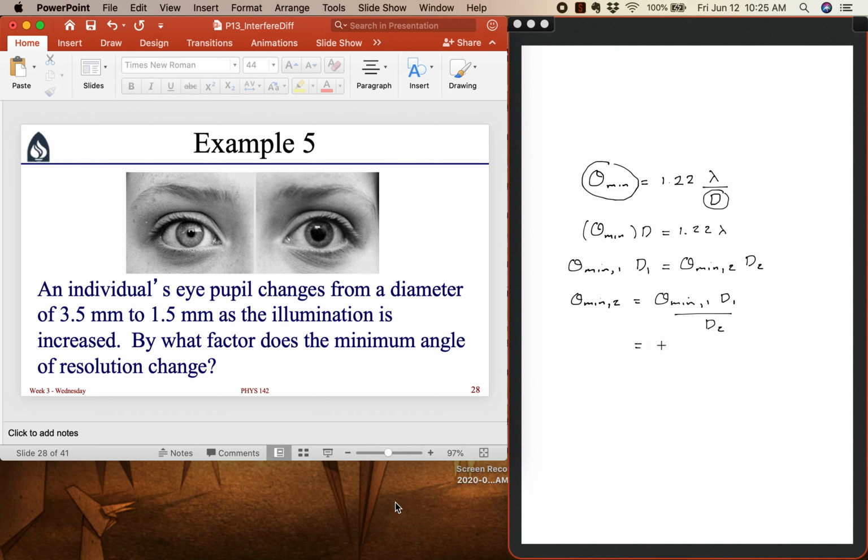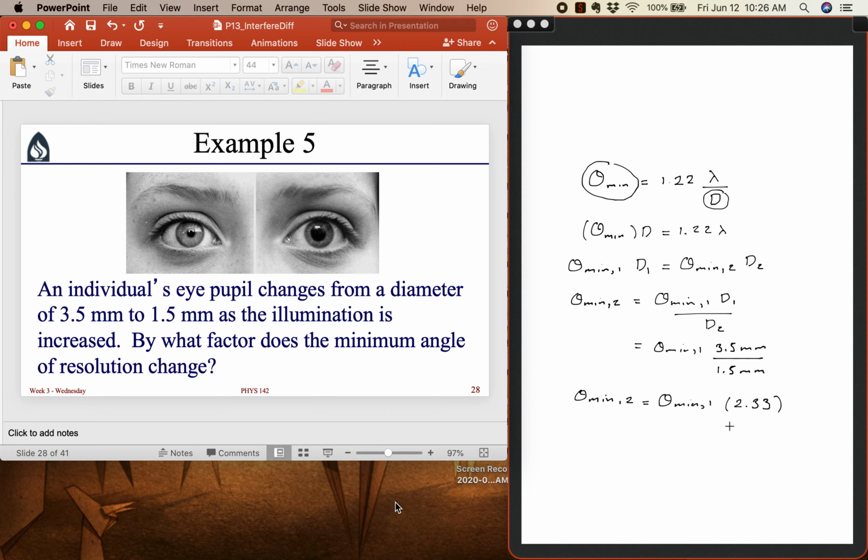So then putting in some numbers, we have theta min 1, and then d1 is our initial diameter, which was 3.5 millimeters, and we want to divide that by the final diameter, which is 1.5 millimeters. So that means that our final angle of resolution is going to be equal to our initial resolution angle times a factor of about 2.33.